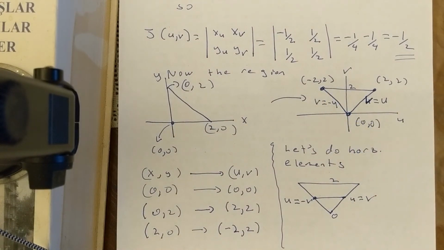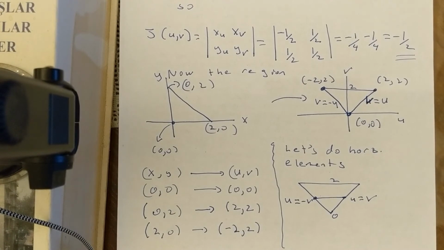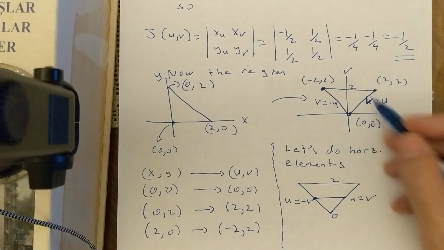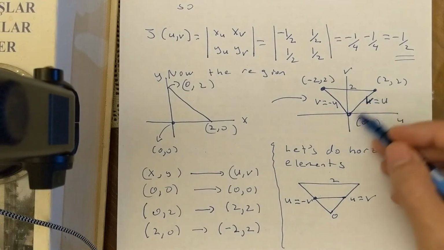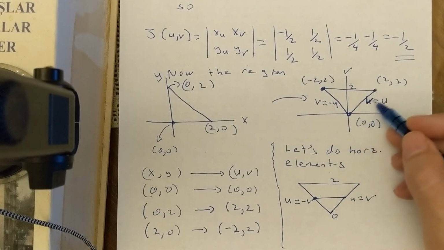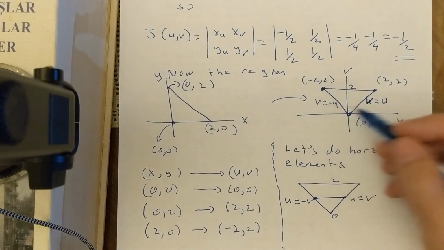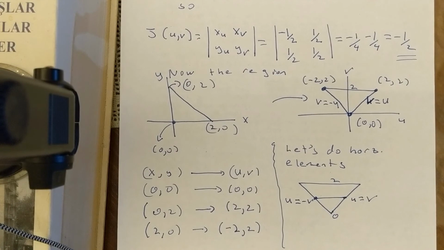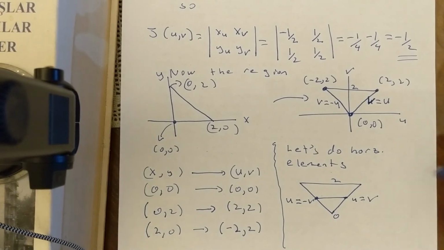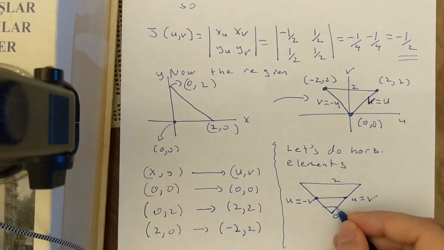Okay, so we have this triangular region. It's still triangular, it's not too bad. So it's the uv plane. So let's get the formula of this. This would be the v equals u line, and this would be the line v equals minus u.